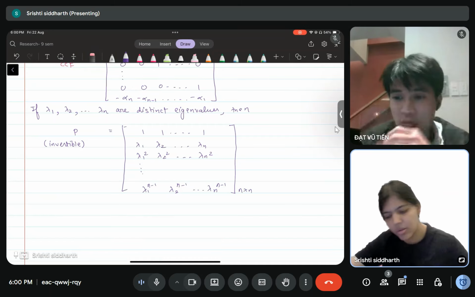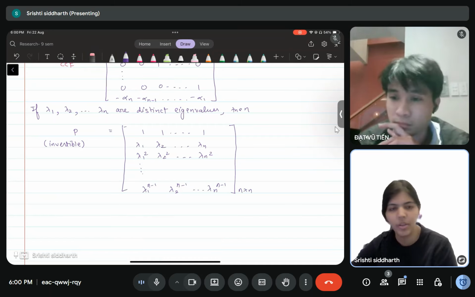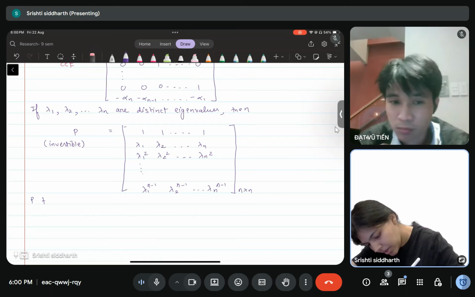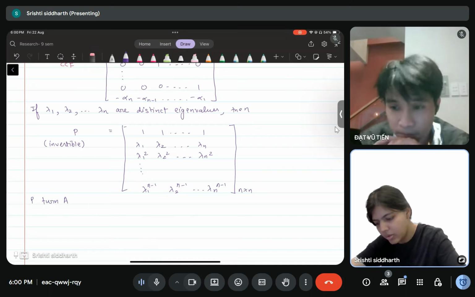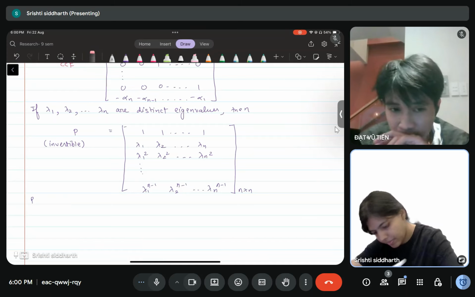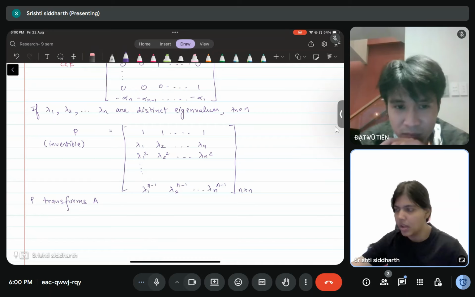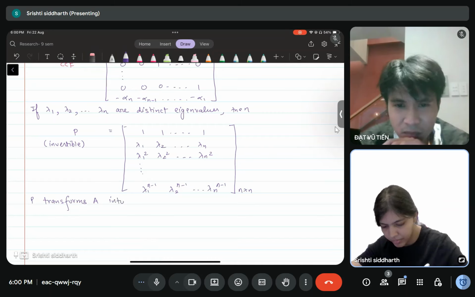So this is also n by n. And if we use this similarity transformation, then P transforms A into the Jordan canonical form.